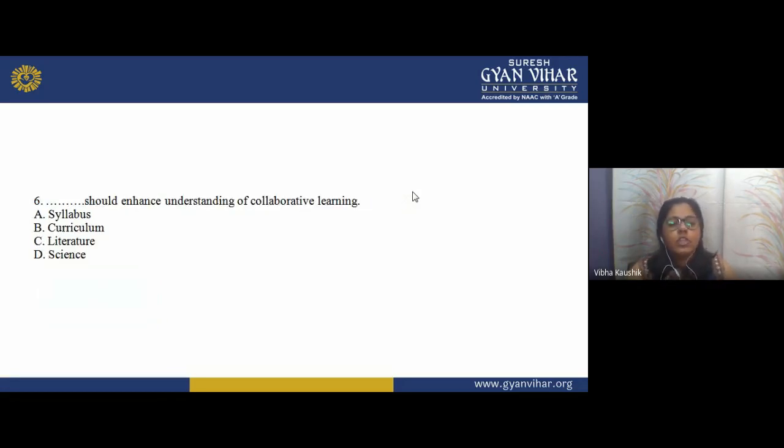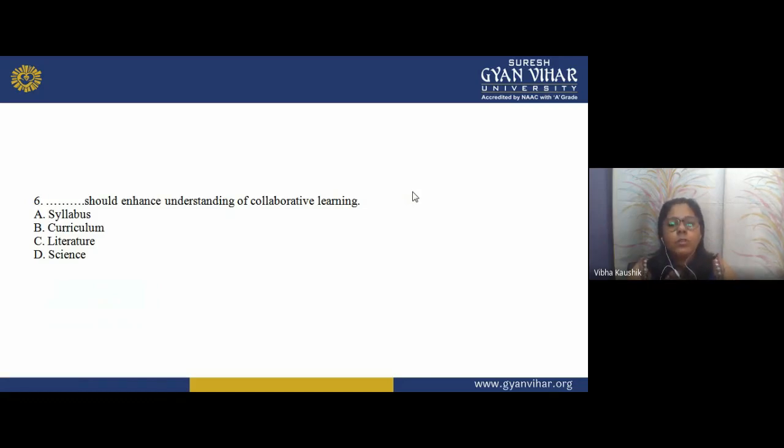Sixth, dash should enhance understanding of collaborative learning. What will increase the understanding among the students about collaborative learning, in which they will learn some topics in a collaborative manner? Now the options are A. syllabus, B. curriculum, C. literature, or D. science.